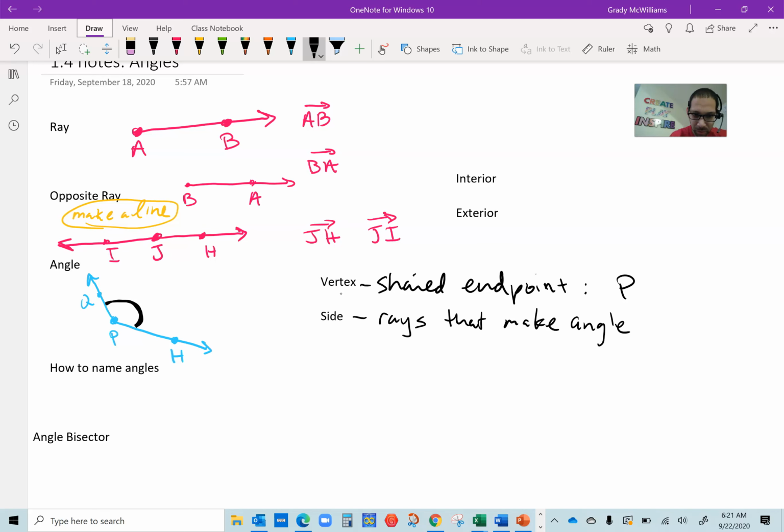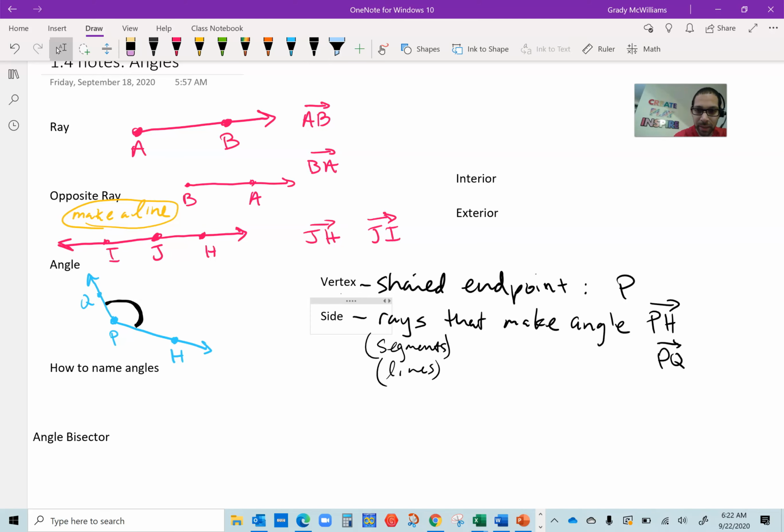Okay, there's not a real great definition for that. It's pretty obvious what the sides are. In this case, it would be ray PH and ray PQ. Okay, and it's possible that it's not just rays. It could be segments that make up angles, and actually it could be lines that help make the angles.